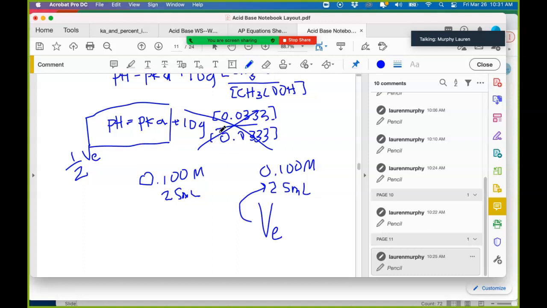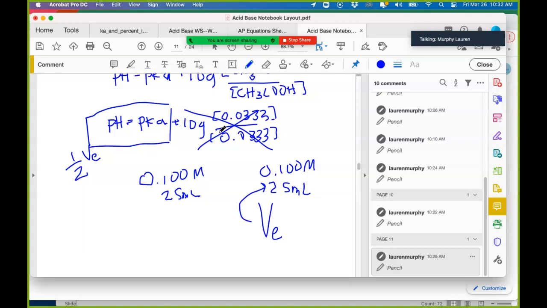So all weak-strong titrations will have a halfway point, and they do this because the system becomes buffered. All strong-weak titrations will have a half equivalence volume, and it's always half of whatever the volume is. And at that point, 100% of the time, pH equals pKa, every time.